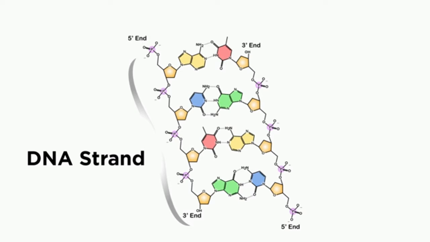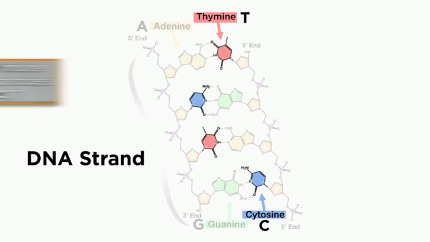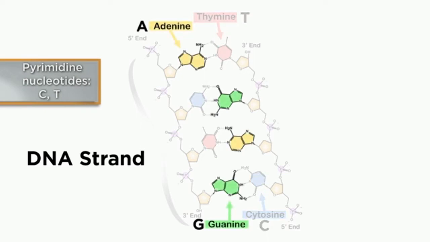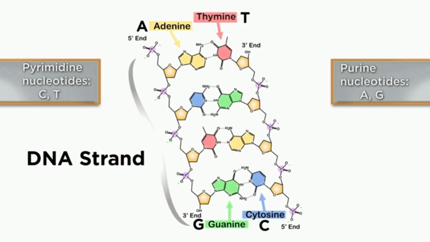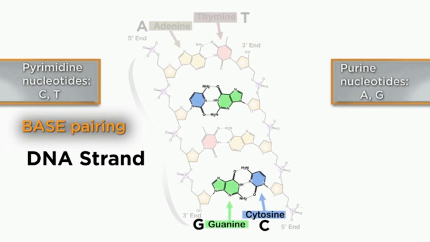The 4 kinds of bases in DNA are adenine, thymine, cytosine, and guanine, usually abbreviated as A, T, C, and G. Nucleotides carrying the C or T are called pyrimidine nucleotides, and nucleotides that carry the A or G are called purine nucleotides. Every step in the ladder-like structure of DNA contains one purine and one pyrimidine, with A always paired with T and G always paired with C.